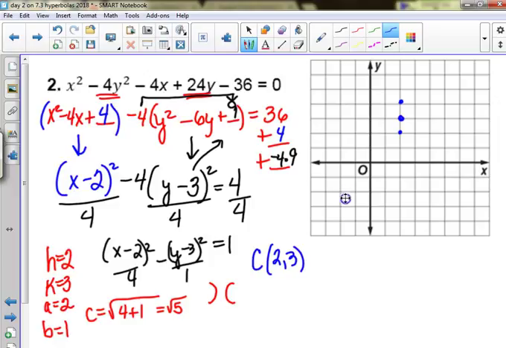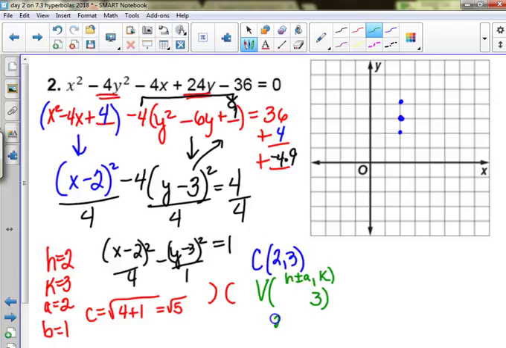Where are the vertices? Madison, can you help me with the vertices? What's the formula when it opens sideways? Okay, so our K was 3, and our H was 2, and our A was 2.